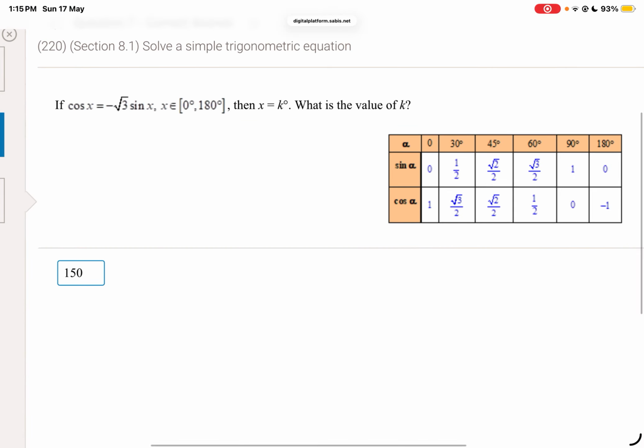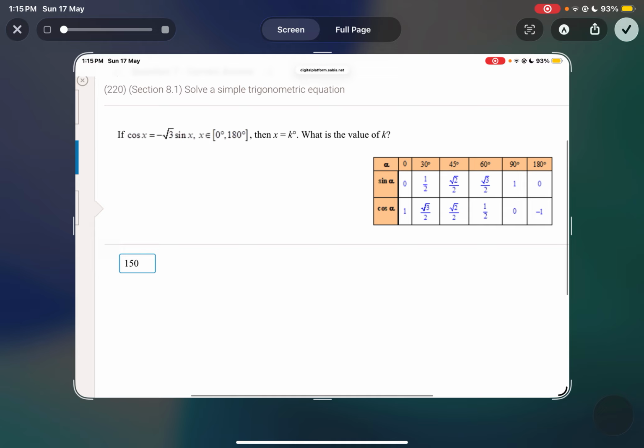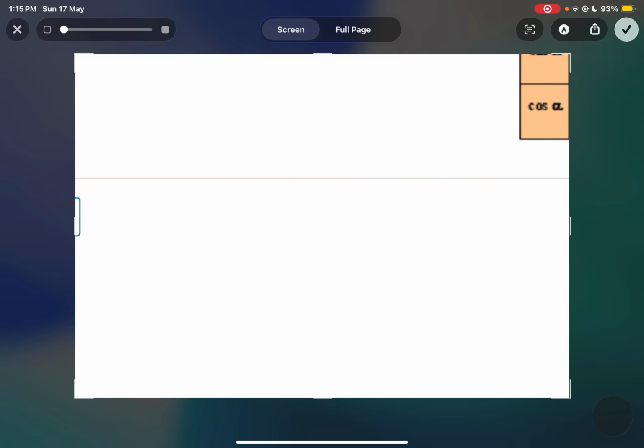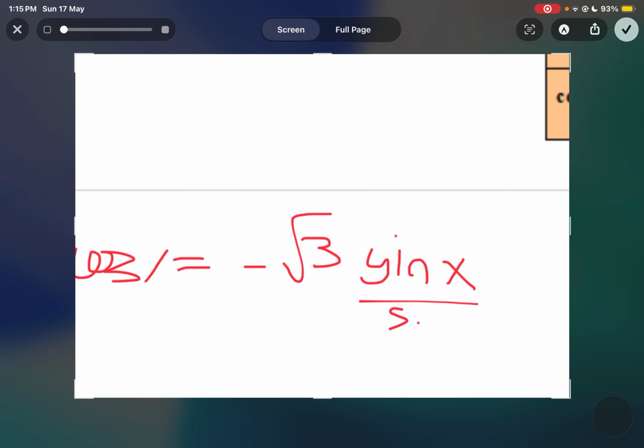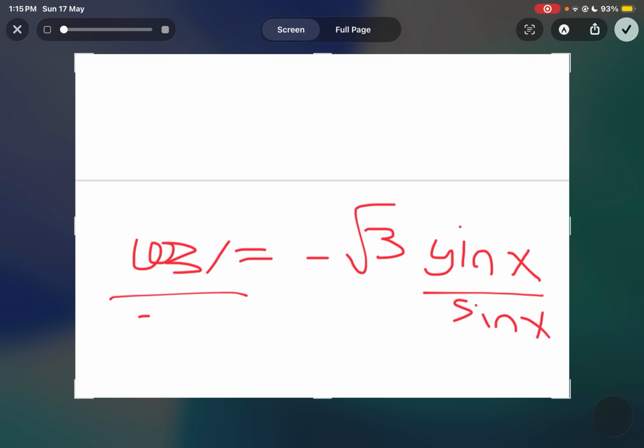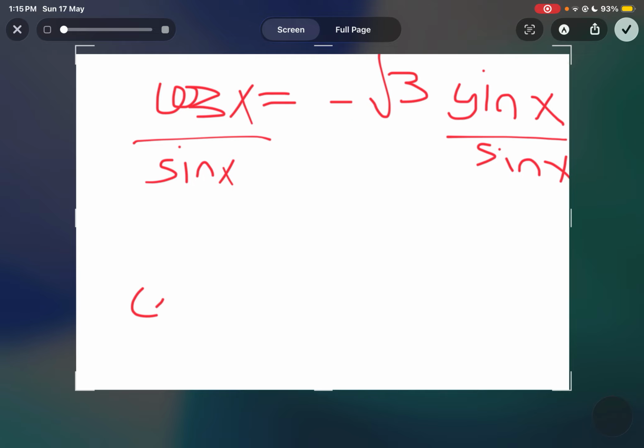Okay, here, so they gave us cosine x is equal to negative radical 3 sine x. So first divide by sine. You know that cosine over sine is cotan of x, which is equal now to negative radical 3.